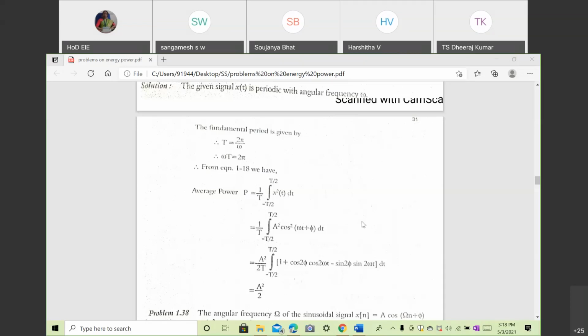I'll mail this content to you after this class. You have to check whether the answer given is correct or not by working through and simplifying these terms and substituting the limits. Sometimes it will be wrong.